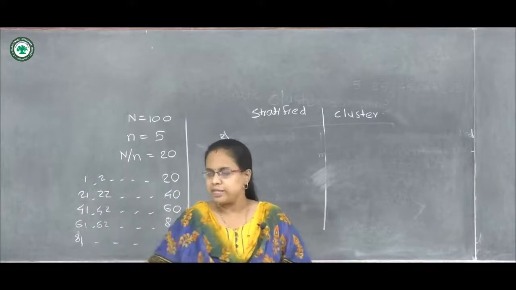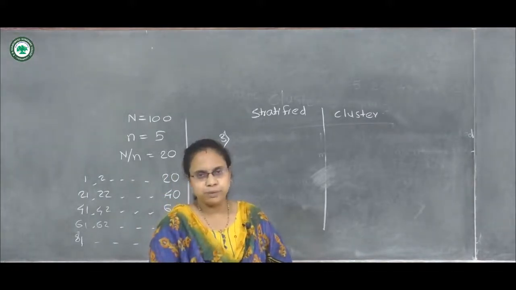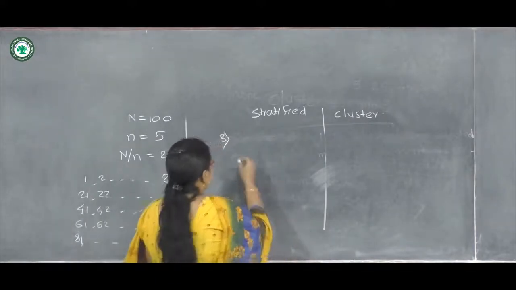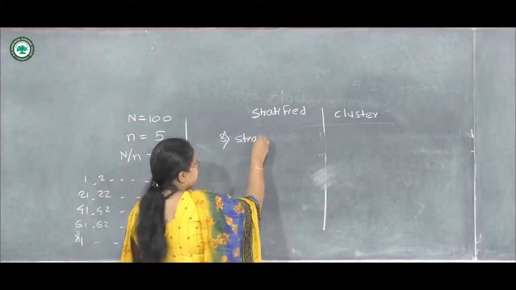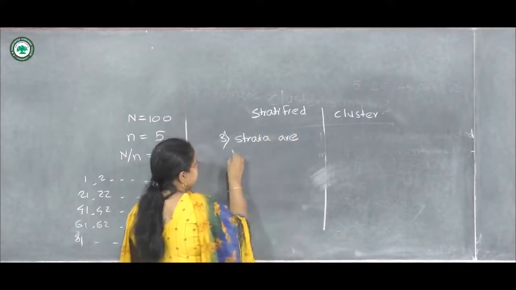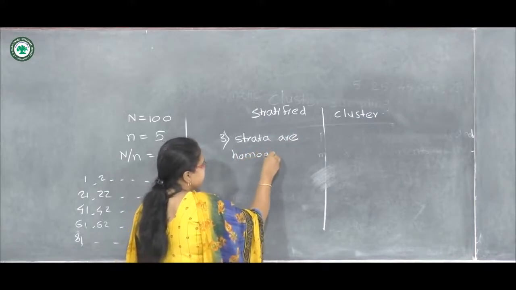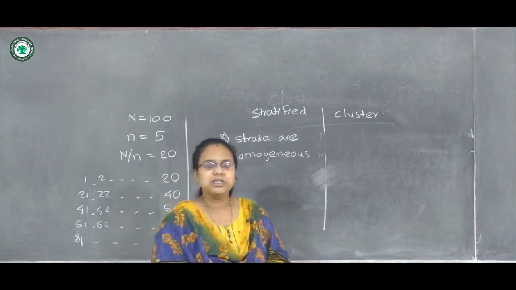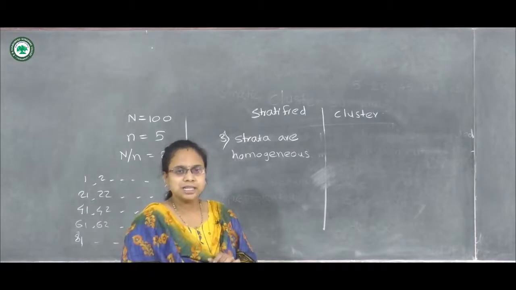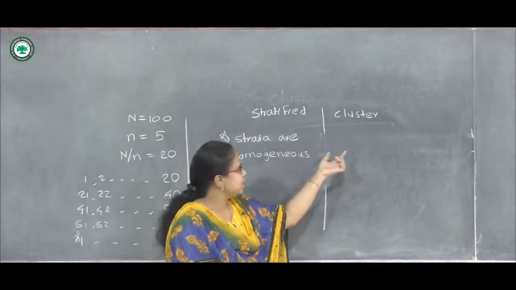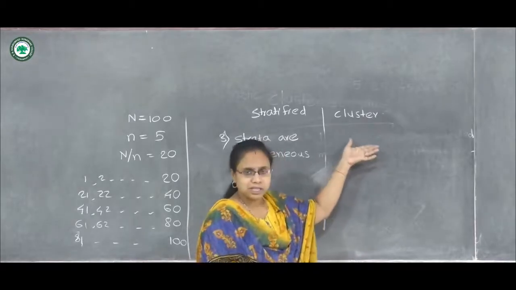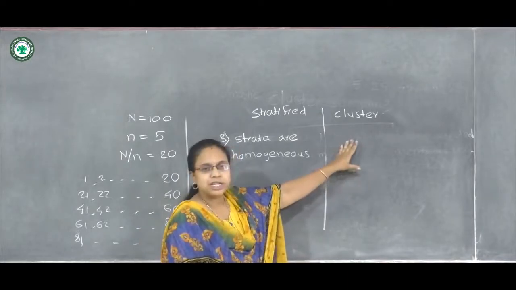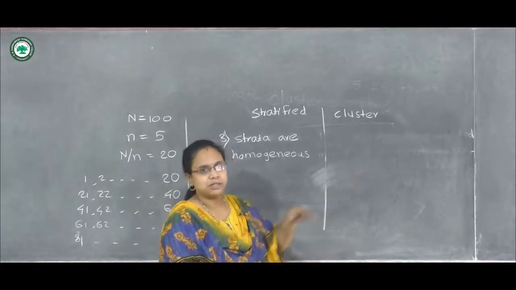in stratified sampling there is a heterogeneous population and we make homogeneous strata. Within a stratum the variation is smaller, but in the case of a cluster, heterogeneity can be seen within the cluster, or the variation is more within the cluster.